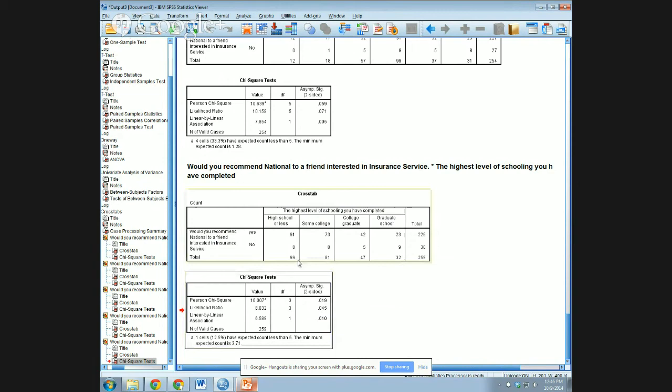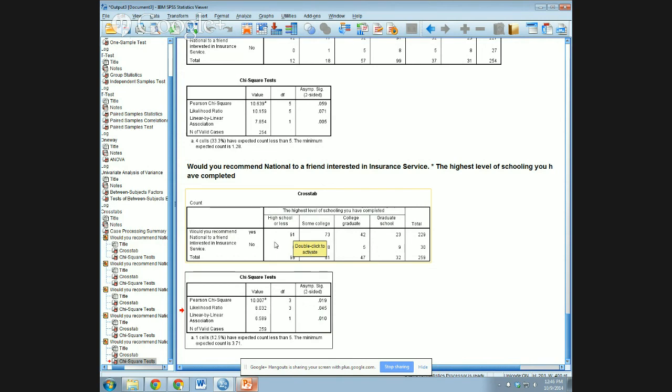Now, what do we do? Well, we look to see who's going to recommend in terms of frequency counts. Okay. Well, we know that people who went to high school or less will recommend, and even some college will recommend.